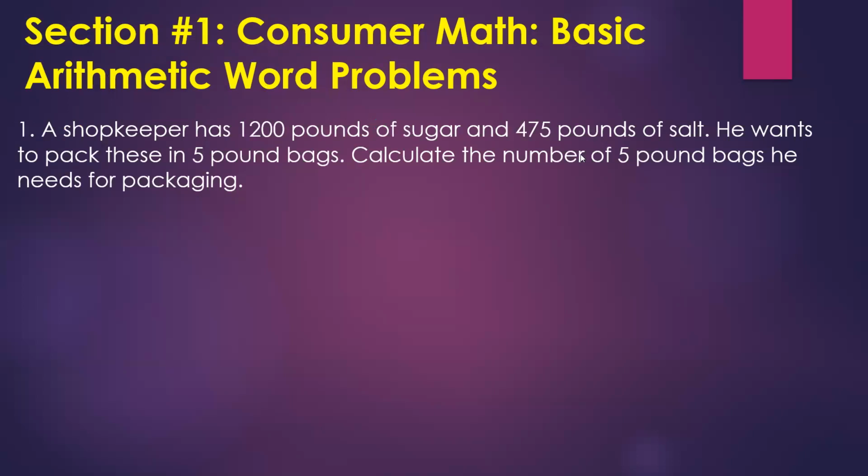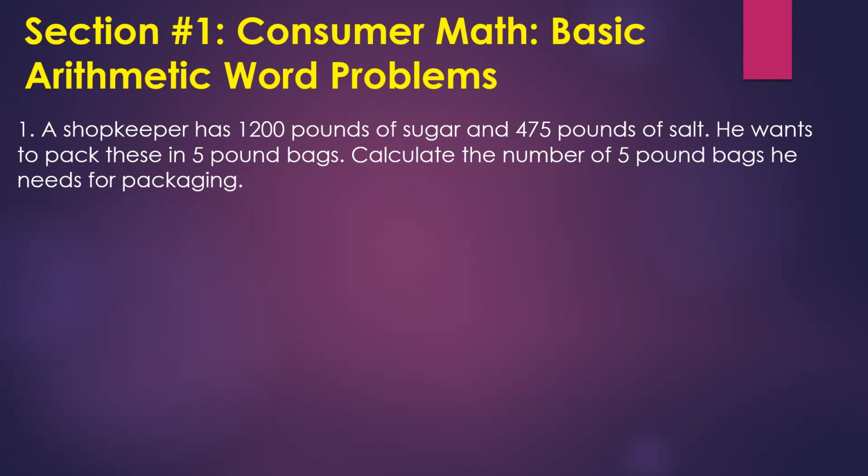Nevaeh, can you read the first slide for me, please? A shopkeeper has 1,200 pounds of sugar and 475 pounds of salt. He wants to pack these in 5-pound bags. Calculate the number of 5-pound bags he needs for packaging. Very good.